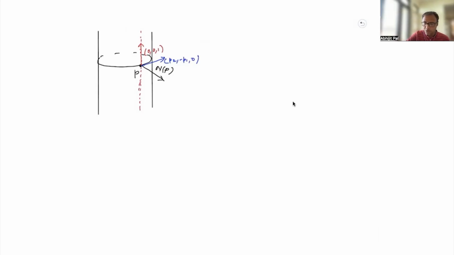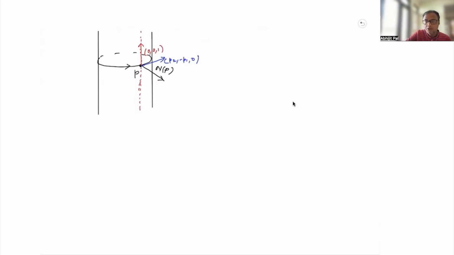That's why the normal curvature of this curve at the point P is 0. And now if I take this circle passing through point P, this curve, which is a circle, bends away from the normal.